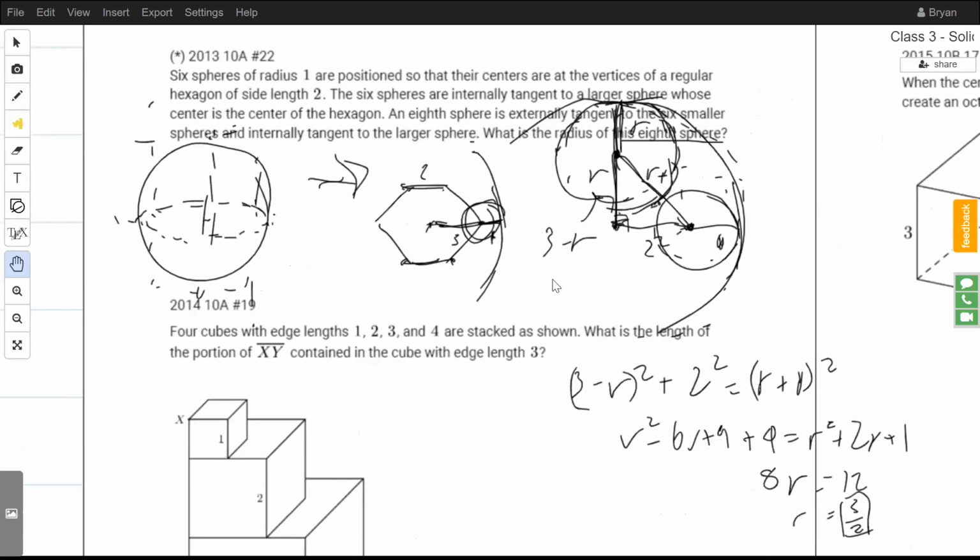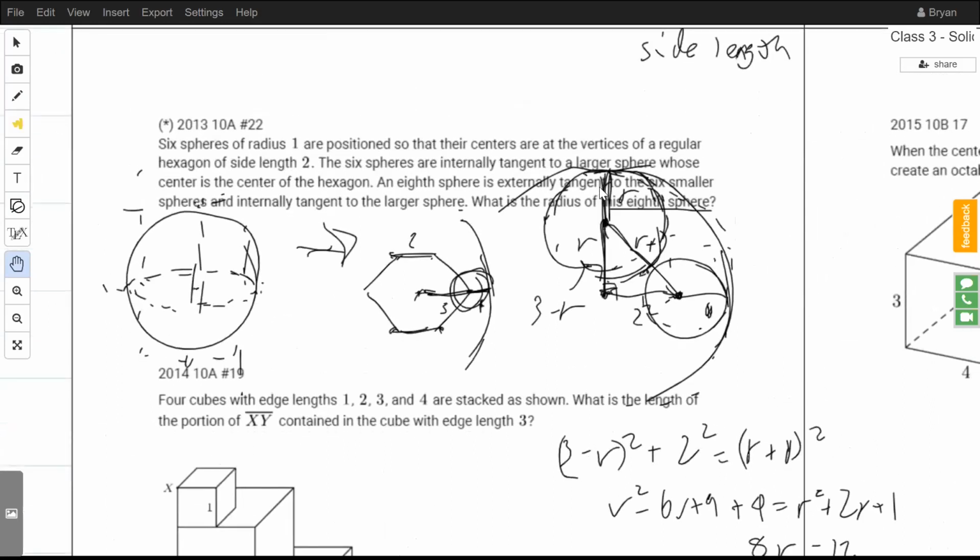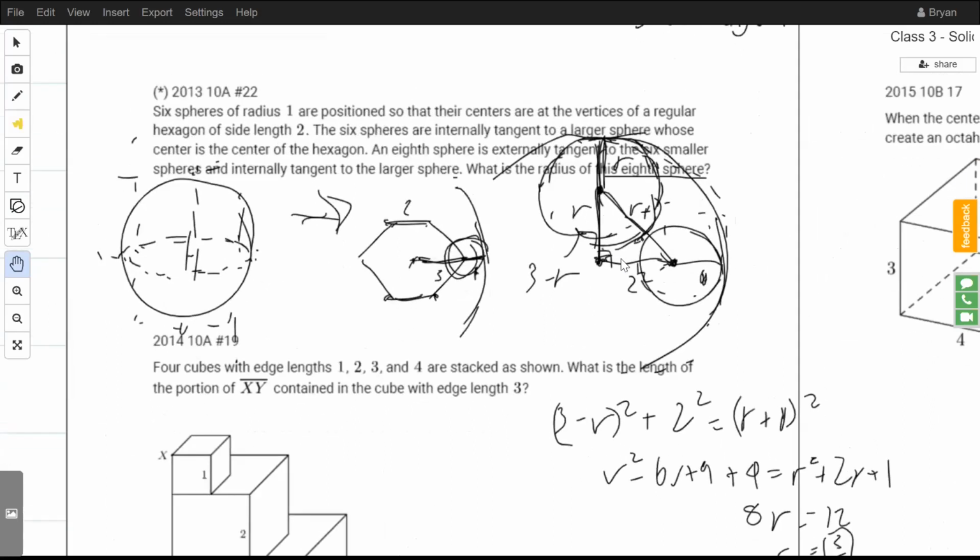And generally speaking, I think I mentioned this before, when you have a lot of tangent circles, you're going to want to look for a Pythagorean theorem regarding the radii of the circles. So yes, if you're going to review any problem in this set, I would recommend looking at this one. It's very interesting.